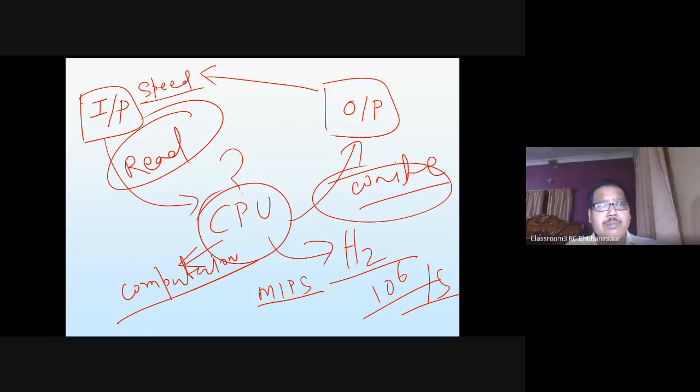The speed of the input device is very slow and the processor is very fast, so we cannot give an adequate amount of data to the processor for execution.